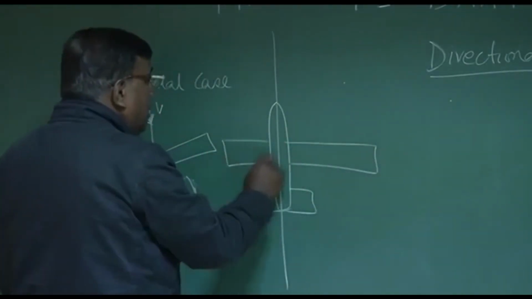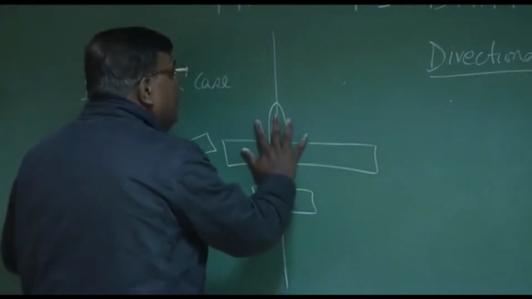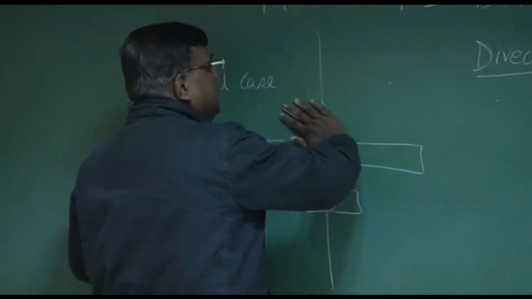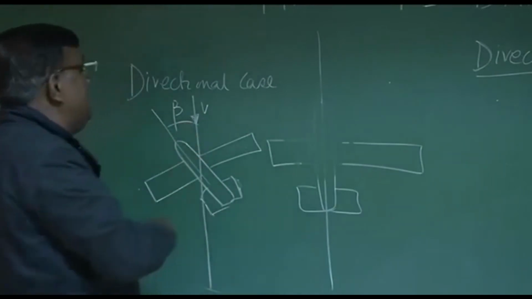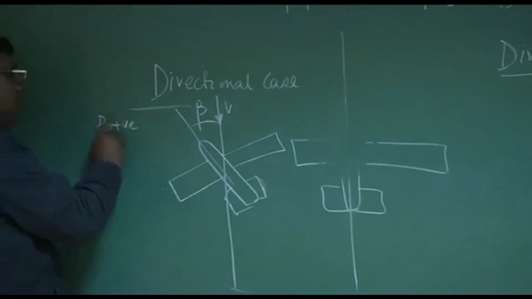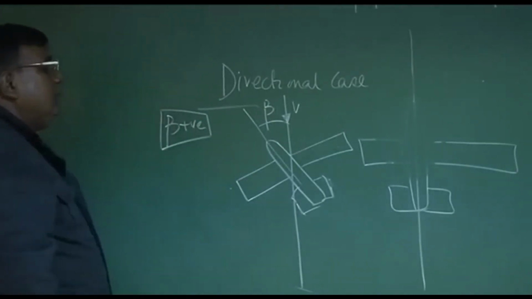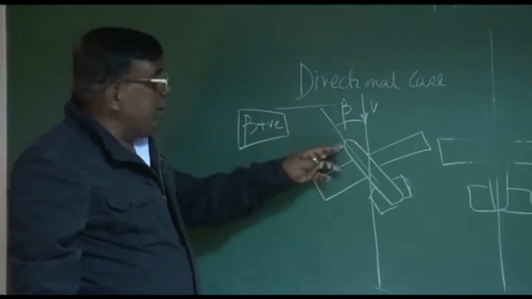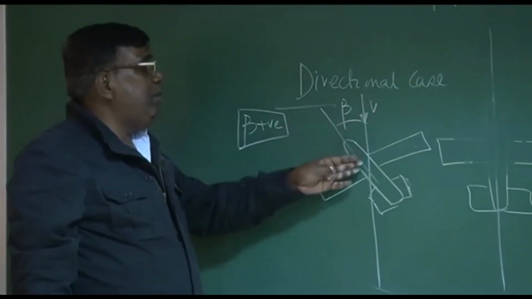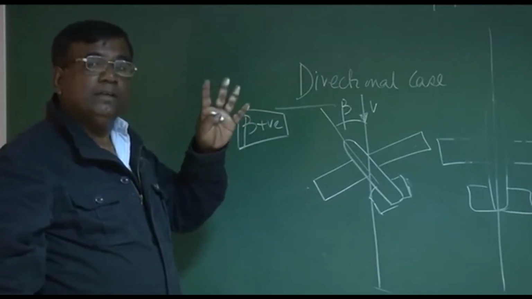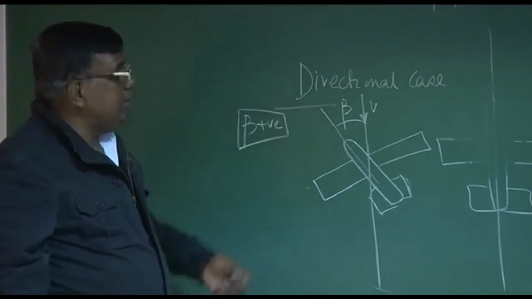If I'm moving like this, then beta is 0. But if I'm moving like this, that is the configuration where beta is positive. What is beta positive? A very common mistake we make. The best way to understand is, when I'm moving, if the relative wind is coming from my right side, then it is beta positive. Remember this, okay?